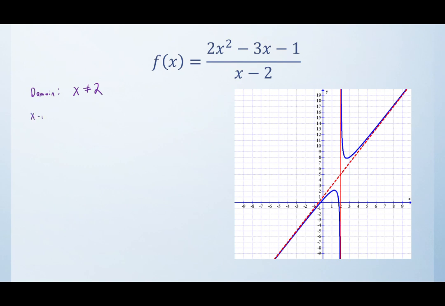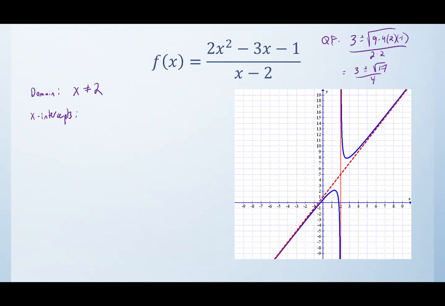We can figure out where our x-intercepts are from the quadratic formula for the numerator: negative 3 plus or minus the square root of negative 3 squared, so 9, minus 4 times 2 times negative 1, all over 2a. So we've got 3 plus or minus root 17 over 4.